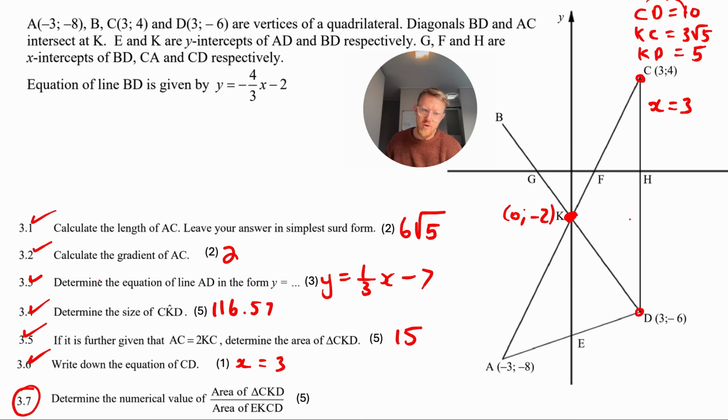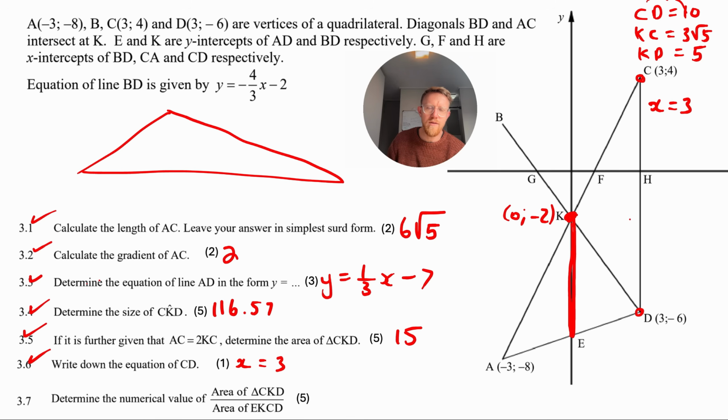So very easy to do, because we can just use this as the base. We don't have any angles on this triangle, so we'll just use half base times height. So we can use that as the base. Now, if you have a triangle, just draw any random triangle. If you have your base over here, then the height is always going to be from that base at 90 degrees to the opposite vertex.